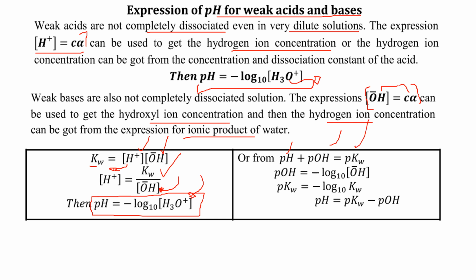Remember that pOH is given as negative logarithm to base 10 of the hydroxide ion concentration, and pKw is got as negative logarithm to base 10 of the ionic product of water. Therefore, if you make pH the subject in this equation, you end up with pH being equal to pKw, which is always 14 at room temperature, minus pOH, which you have always calculated.